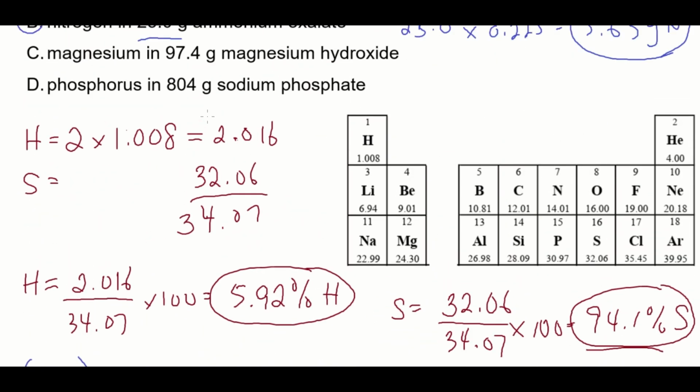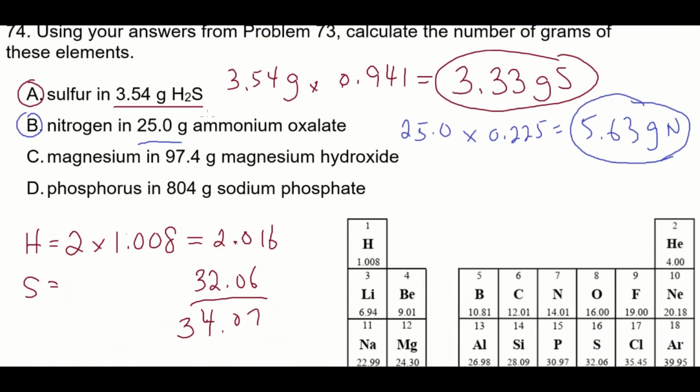All right, so now let's do 74, where we're asked about just the magnesium component in 97.4 grams of magnesium hydroxide.